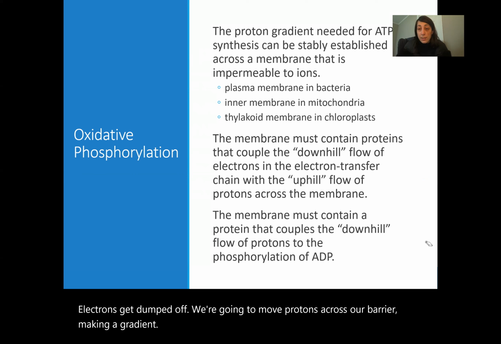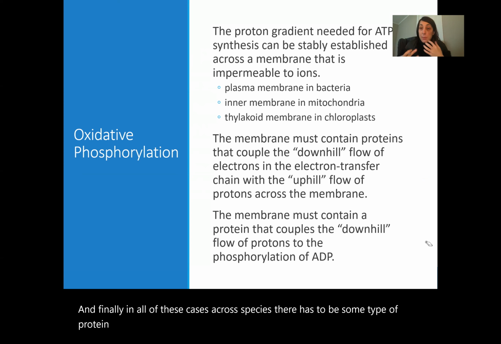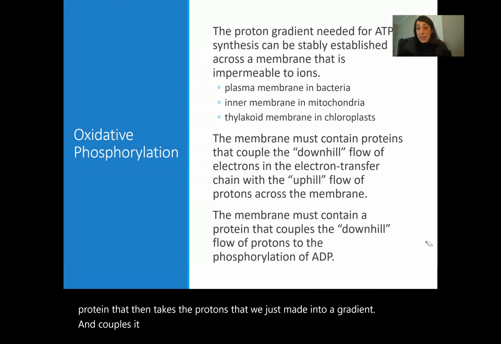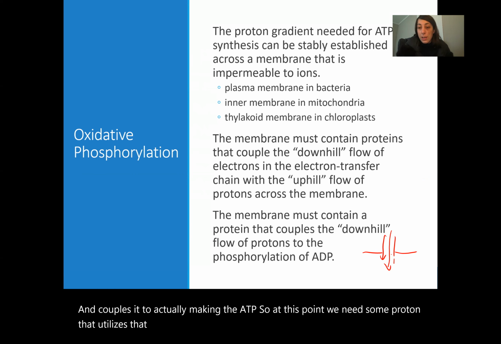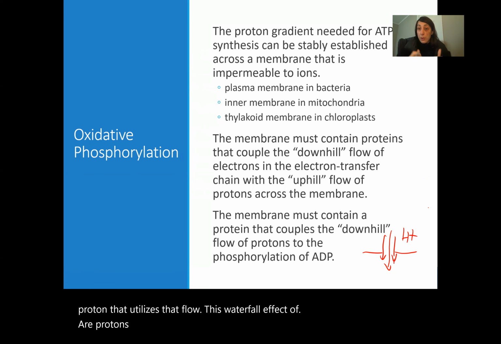And finally, in all of these cases across species, there has to be some type of protein that then takes the protons that we just made into a gradient and couples it to actually making the ATP. So at this point, we need something that utilizes that flow, this waterfall effect of our protons moving back through the gradient.